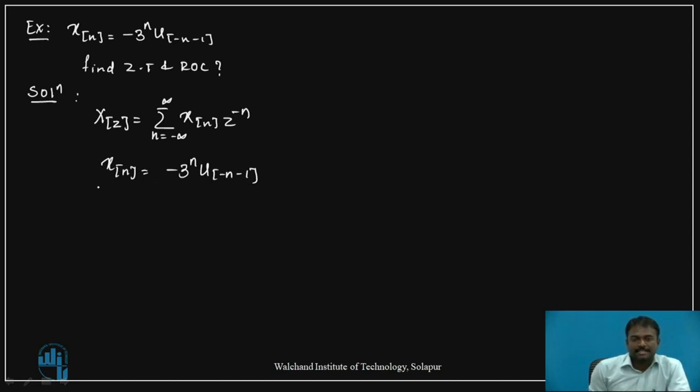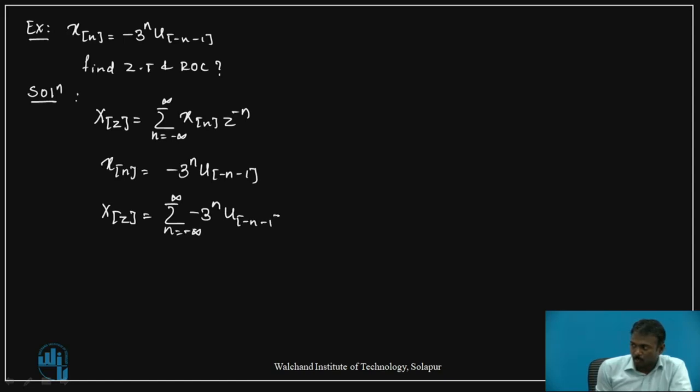By substituting x of n in the above expression, x of z is equal to summation n equal to minus infinity to infinity minus 3 to the power n u of minus n minus 1, where u of minus n minus 1 is a modified version of unit step signal u of n.